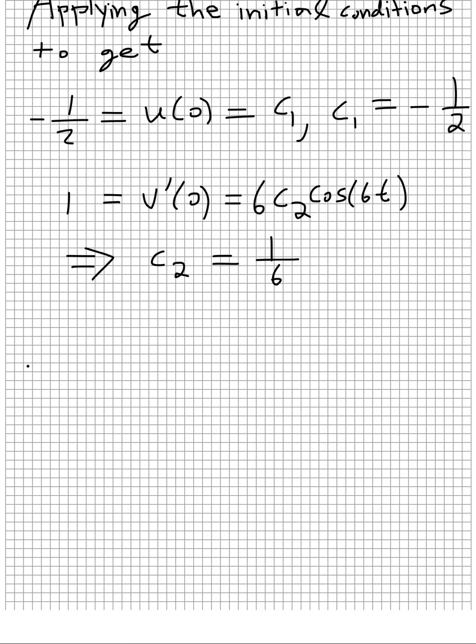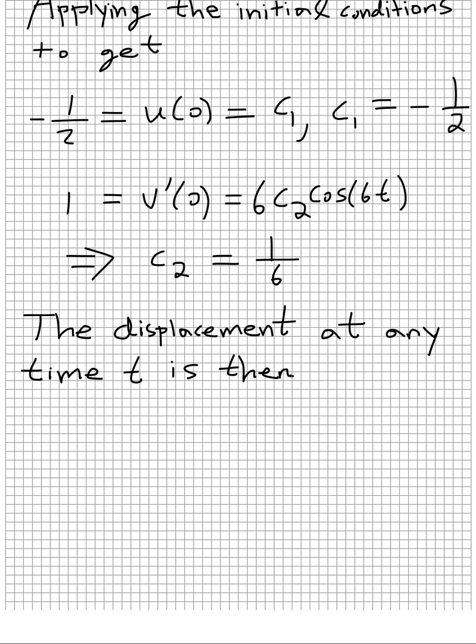Okay, so now the displacement at any time t, okay, is then u of t, which equals -1/2 times the cosine of 6t, okay, plus 1/6 times sine of 6t, okay?